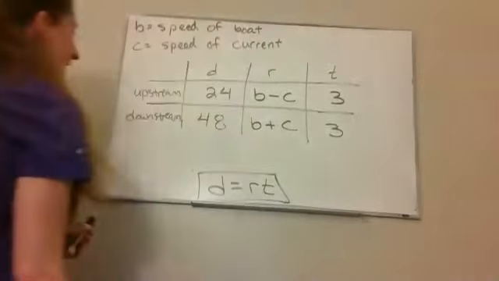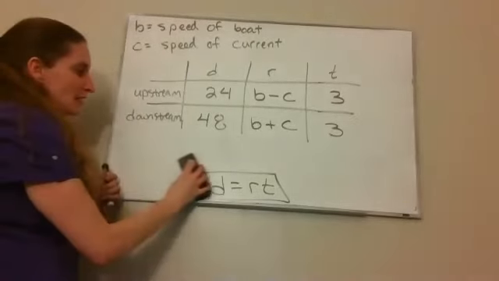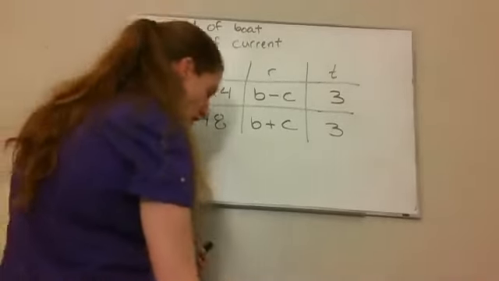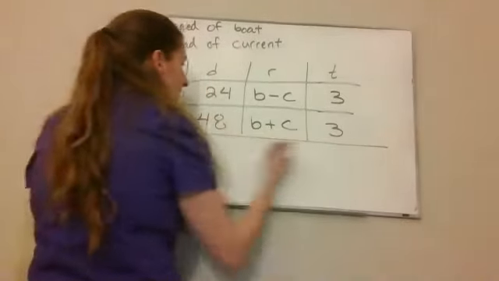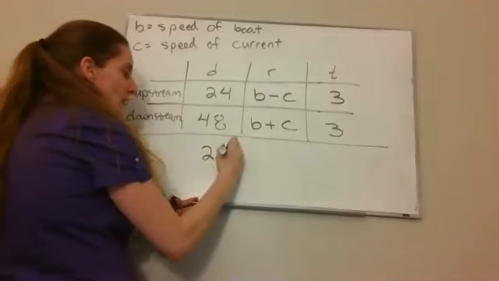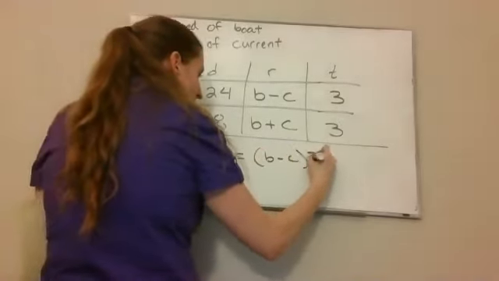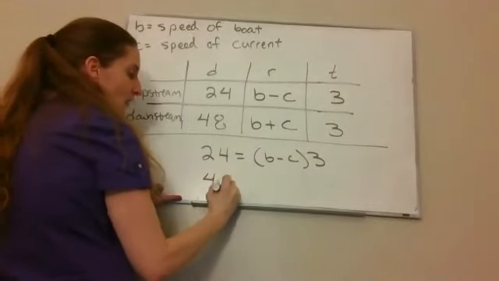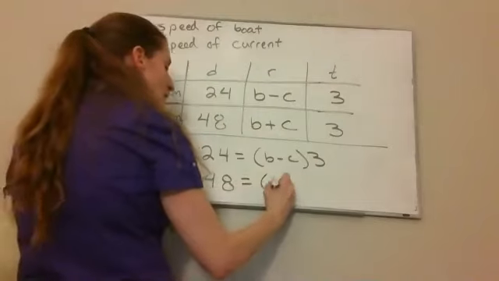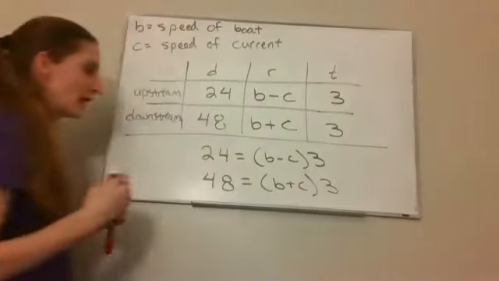Now I have everything I need to set up my system using distance equals rate times time. One of my equations is going to be my distance of 24 equals rate B minus C times time 3. And my other equation is distance 48 equals my rate B plus C times 3.